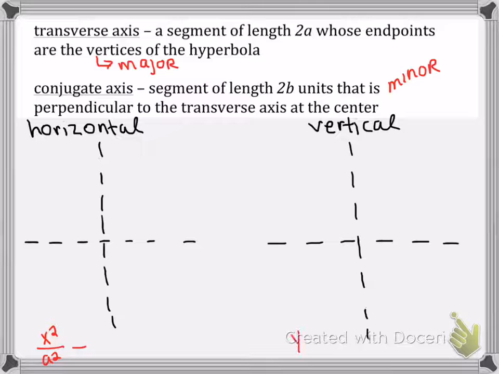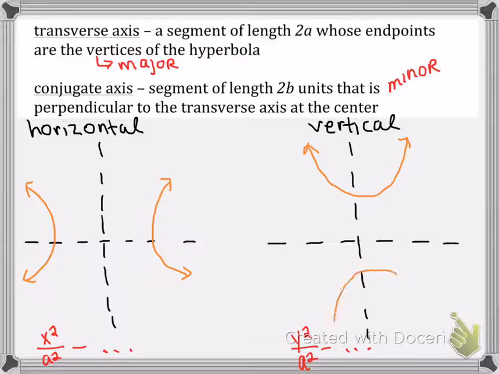And the vertical was because y squared came first, and then there was some other stuff after it. Visually, a horizontal hyperbola is going to open toward the positive and negative x values. A vertical will open toward the positive and negative y values.